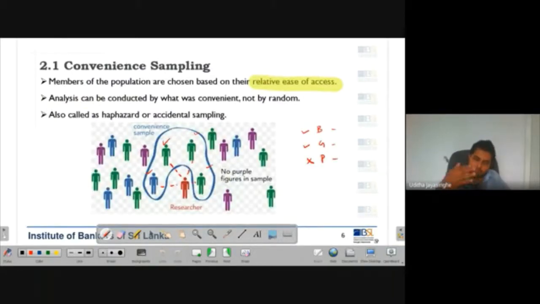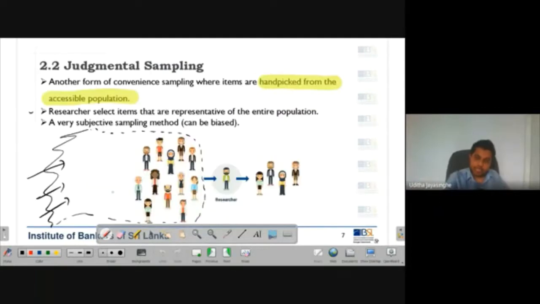Convenient is merely the access, but here, yes, you also have the access, but from that accessible population, you are not going to talk to everyone. You're going to handpick a certain set of people from the accessible population and call it your sample.